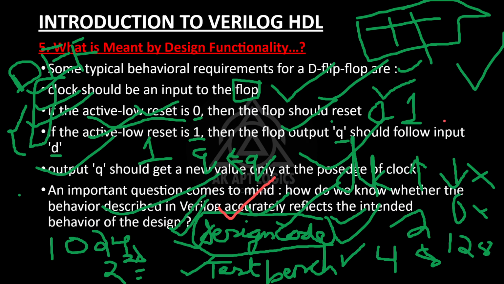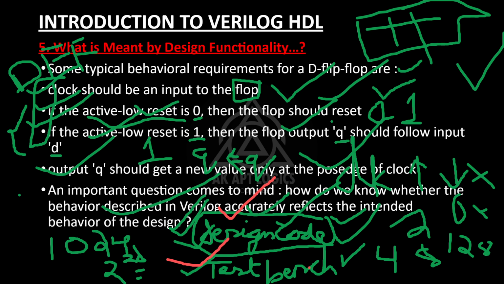Applying a large amount of inputs manually is very difficult, right? So we are going to write code for those inputs also. That code will be called the test bench code or TB code, which contains test cases, test scenarios or test vectors.